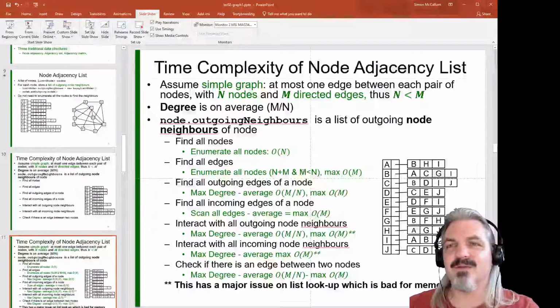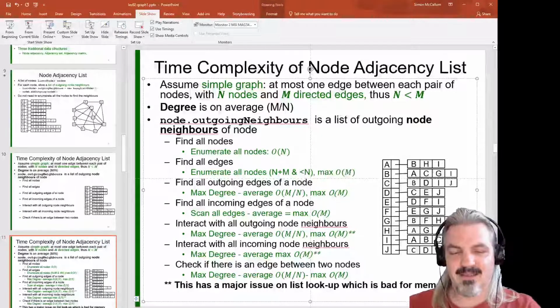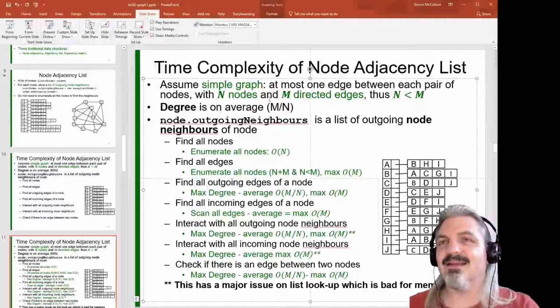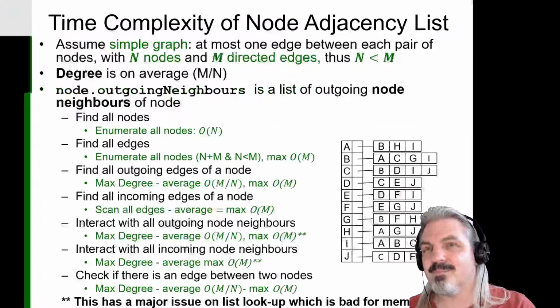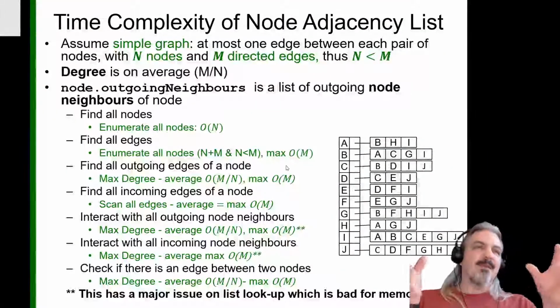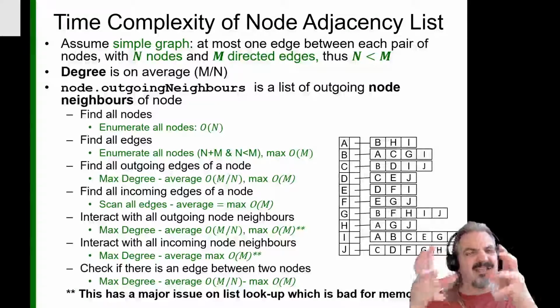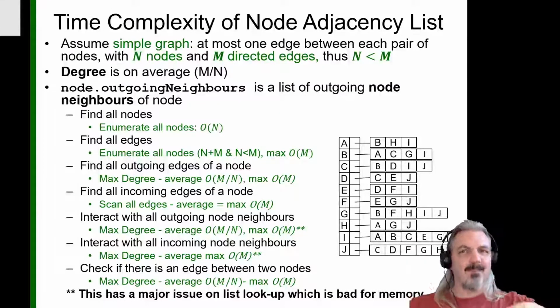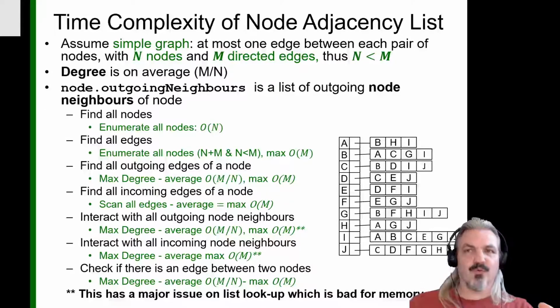I wouldn't want to confuse people. We've said above that n is less than m. Sorry about that. n is less than m, but because m is bigger and it's an addition, for order notation we just use the bigger number, so that would be go through all the edges.